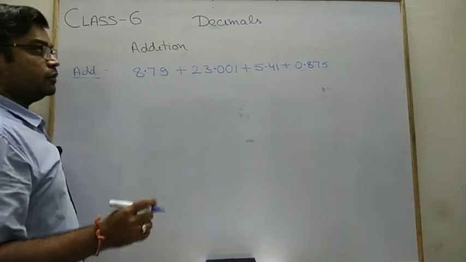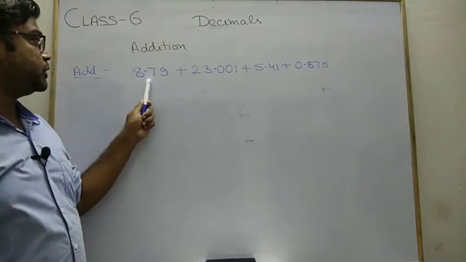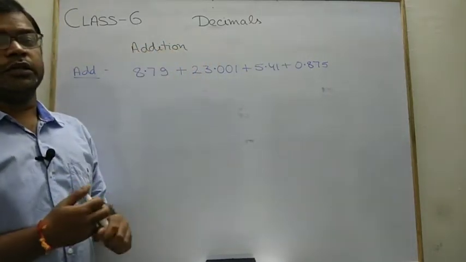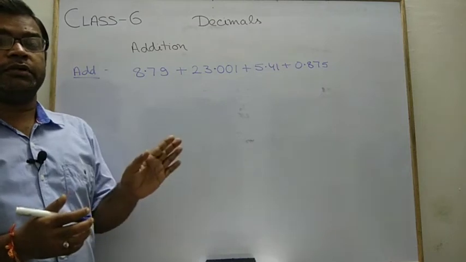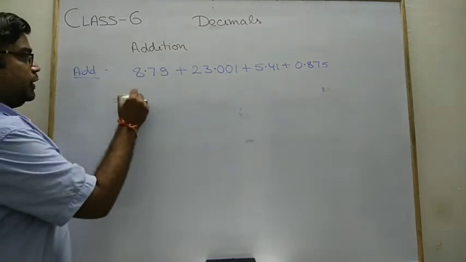What is our first step? We have to convert into like decimal numbers. So after the decimal there are 2 digits, 3 digits, 2 digits, 3 digits. So we have to convert all the numbers into like decimals by adding 0 at the end of the decimal numbers. For that we can write them down.